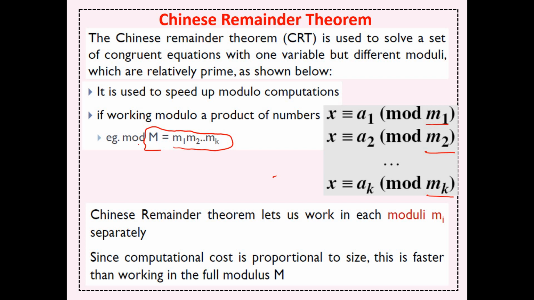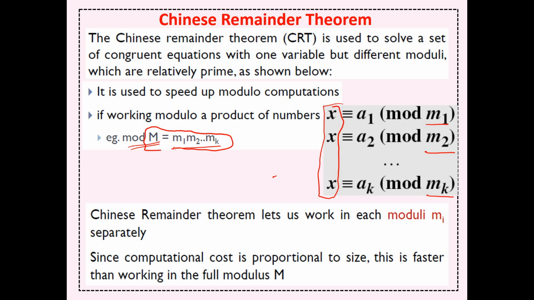So if you observe, this capital M is being segmented into multiple small segments, small m1, m2 up to mk, in such a manner that the left-hand side of this congruent equation is the same in all of them. So x is congruent to a1 mod m1, then again in the second equation, it is a2 mod m2, like that.